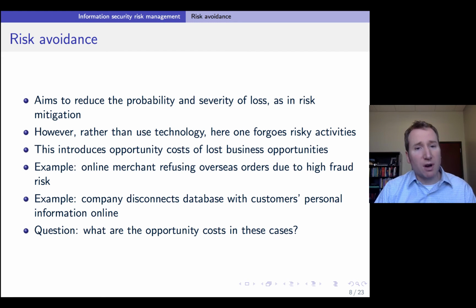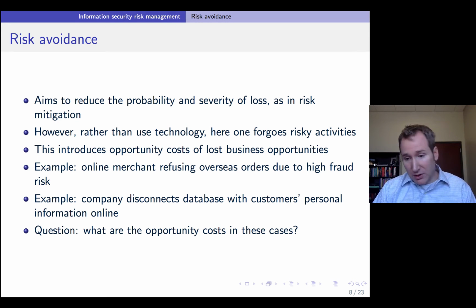Now this in turn creates opportunity costs of lost business opportunities. So let's go through some examples. First of all, you have an online merchant that's maybe refusing overseas orders because there's an unacceptably high fraud rate of international ordering, and it's difficult to reclaim losses.